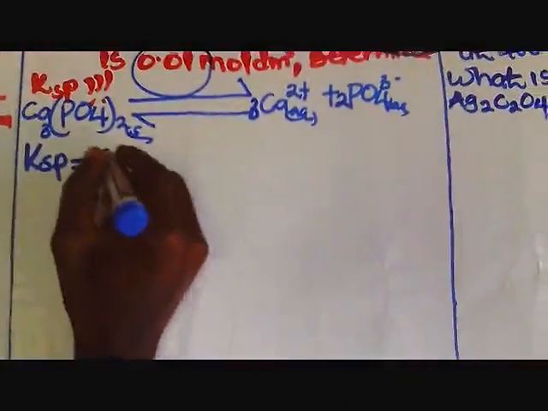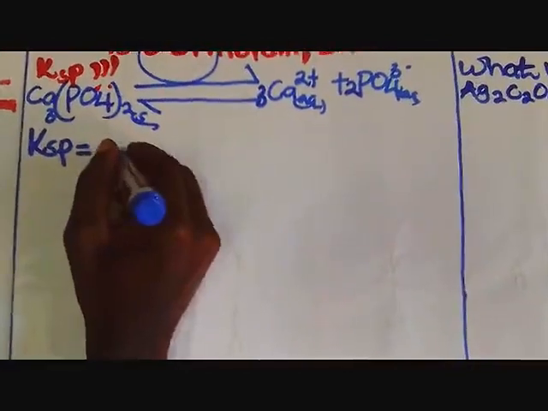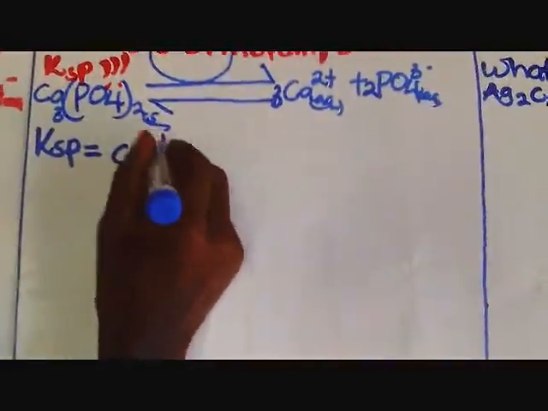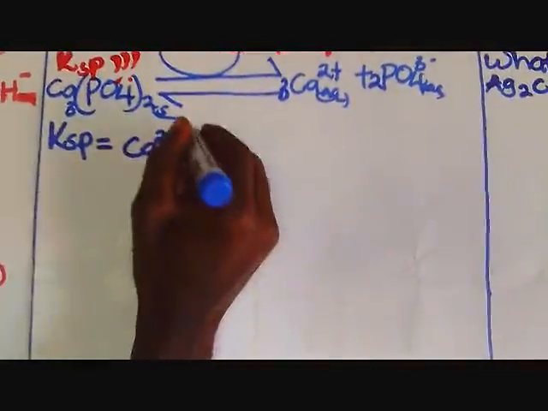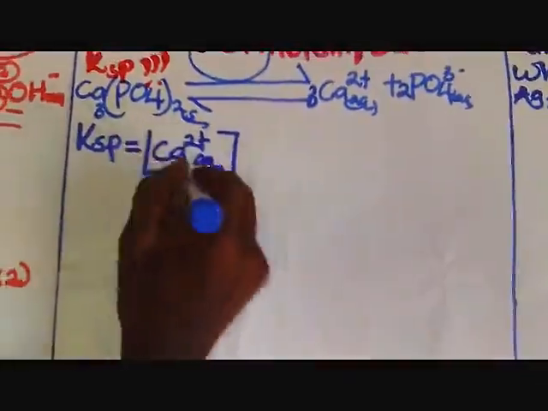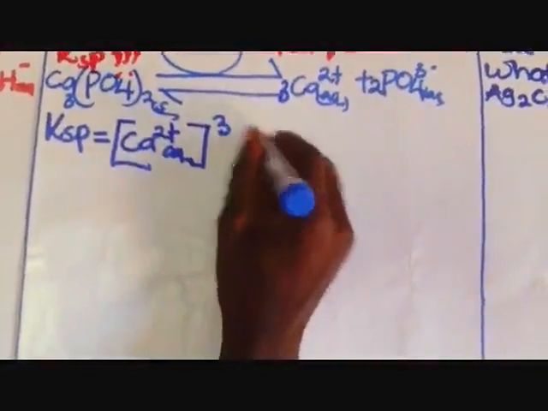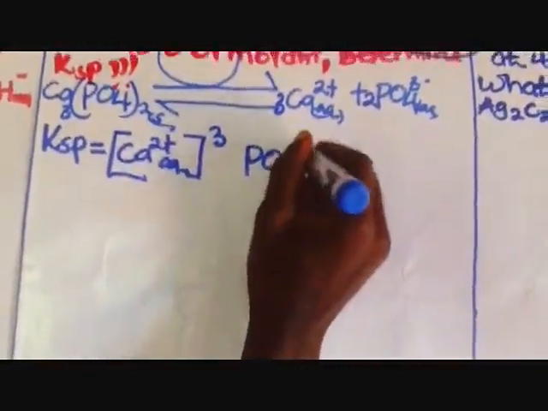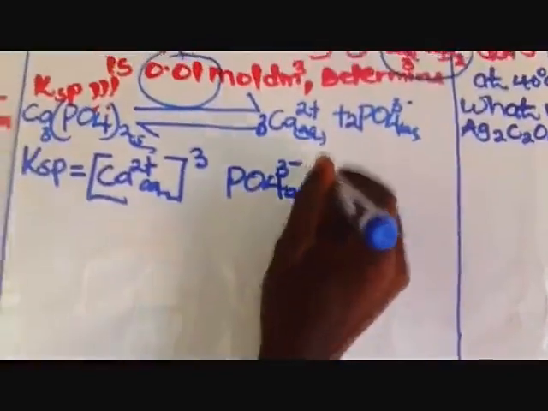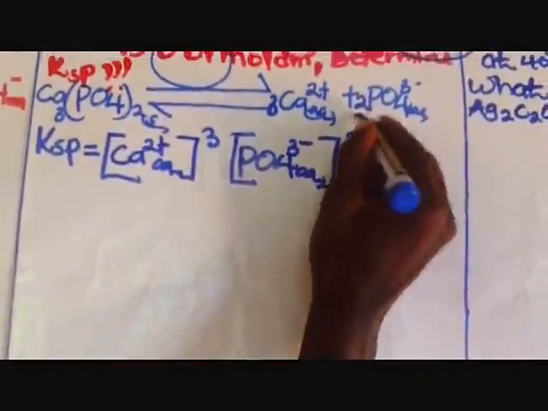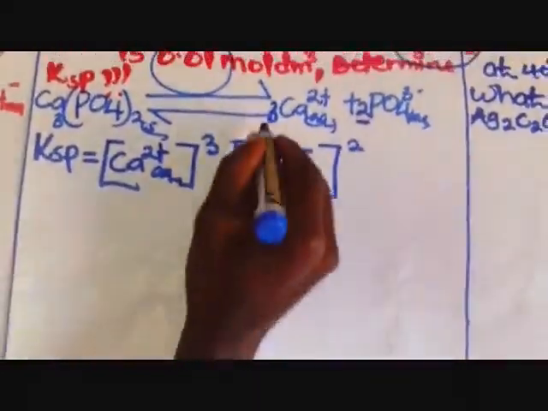Then we write our Ksp expression, so we shall get our calcium ions here, aqueous, then square bracket, then we power by 3, then we have our phosphate ions, like that, powered by 2. The 2 is this coefficient, and the 3 here is this coefficient. Remember we said you raise to the appropriate power.